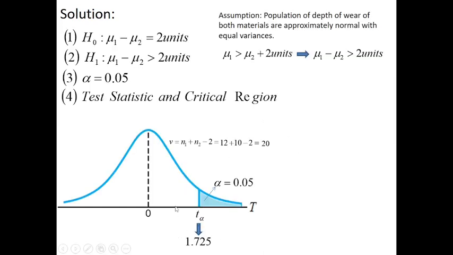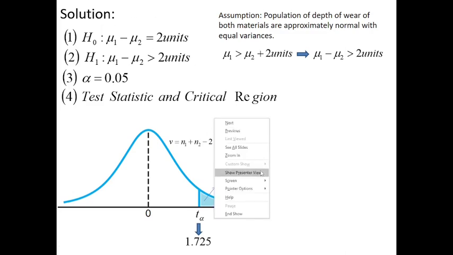The computed test statistic value is not in the critical region. Therefore, we shall not reject the null hypothesis. So we will not reject that mu1 minus mu2 equals 2 units.